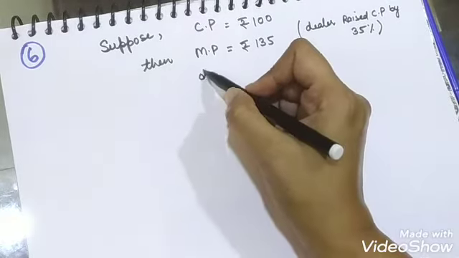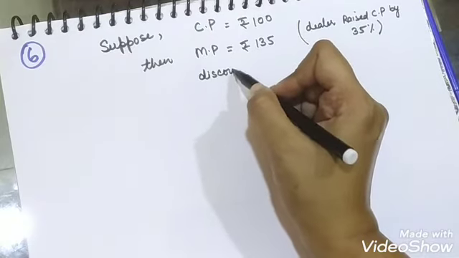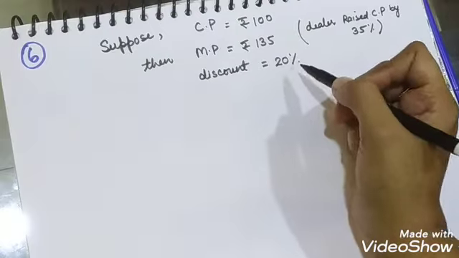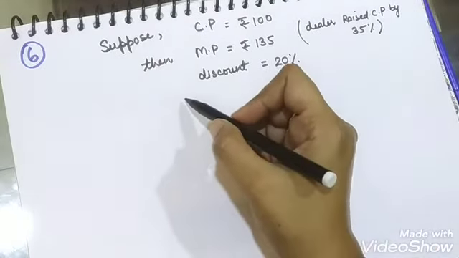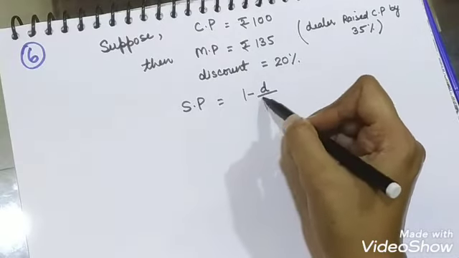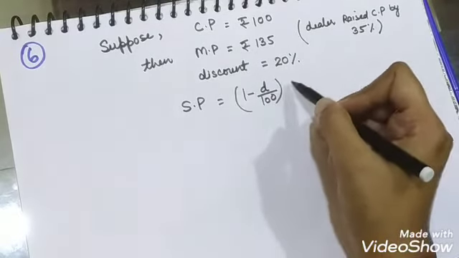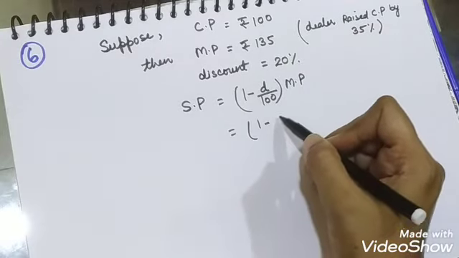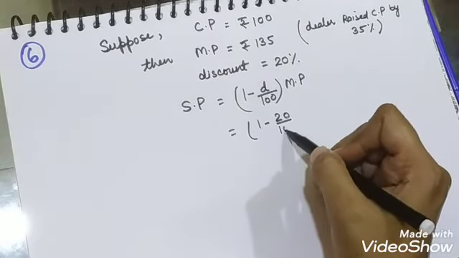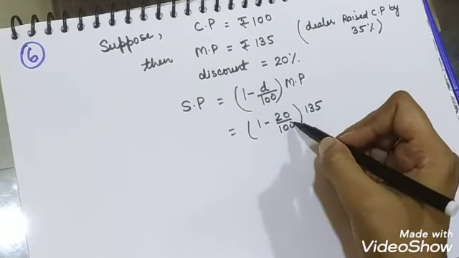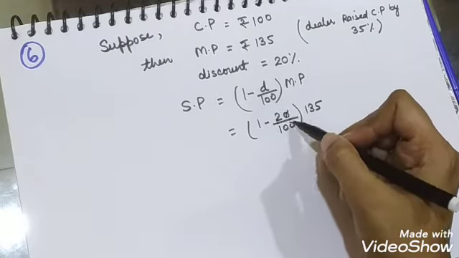Now the discount he allows is 20%. So we will use the formula of selling price. Selling price is equal to 1 minus discount upon 100 into marked price, and we put the values. Discount is 20 and marked price is 135. Then we will do cancellation.